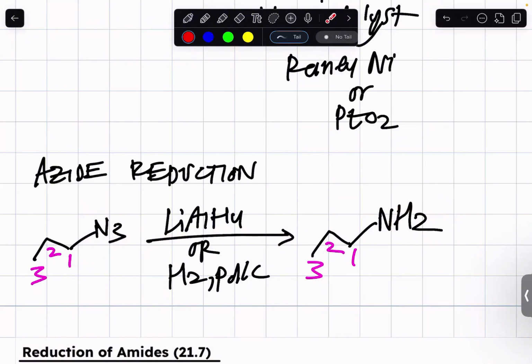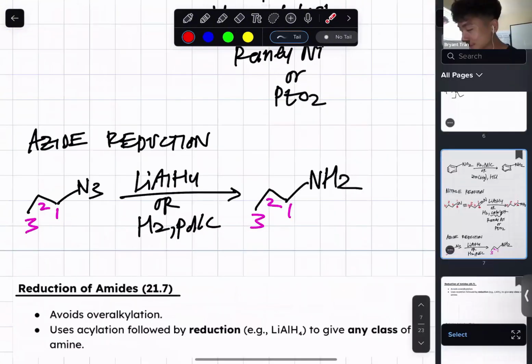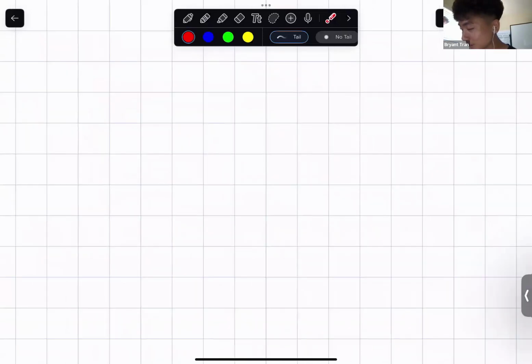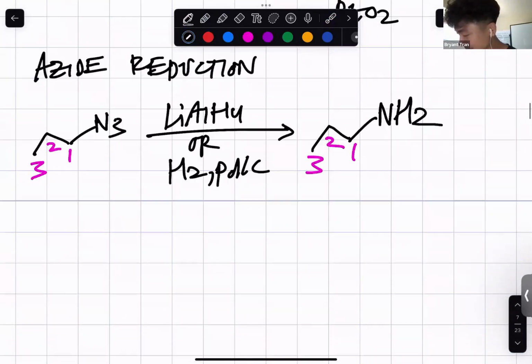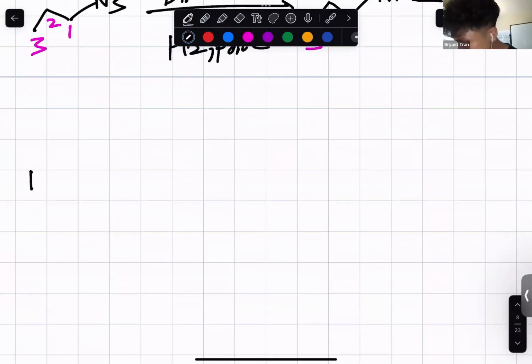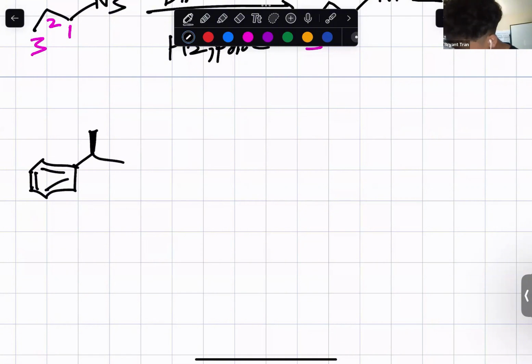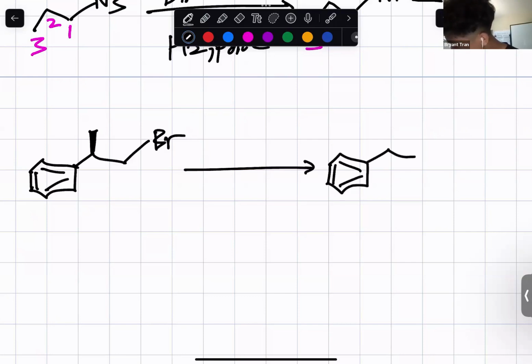Now let me give you a two-step synthesis problem based on what we just did, and see what you get. Let's say we have this structure, and I want you to synthesize this product right here.